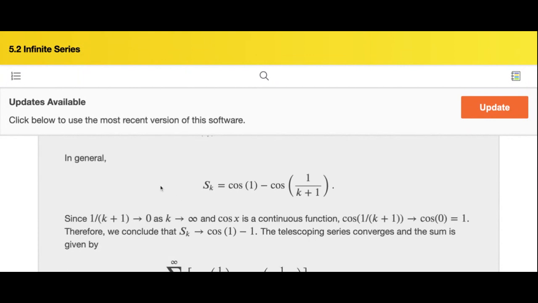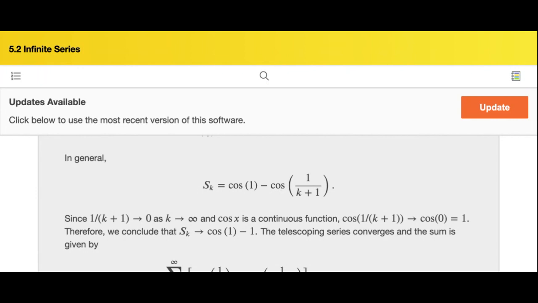Then we take a limit, we say, okay, let k approach infinity. So take a limit of this. Well, cosine 1 is constant, still cosine 1. But for negative cosine 1 over k plus 1, since cosine is a continuous function, we have no problem swapping the limit and the cosine.